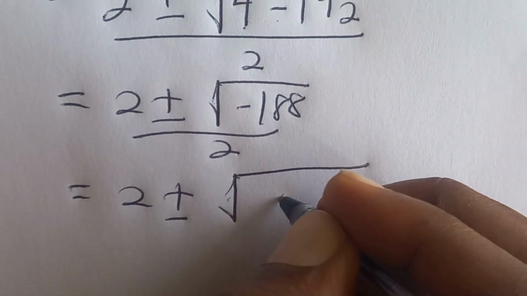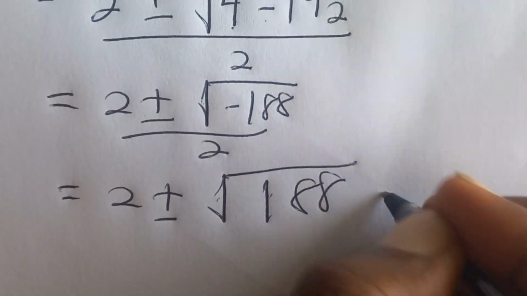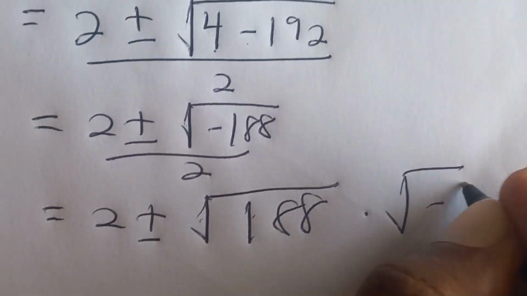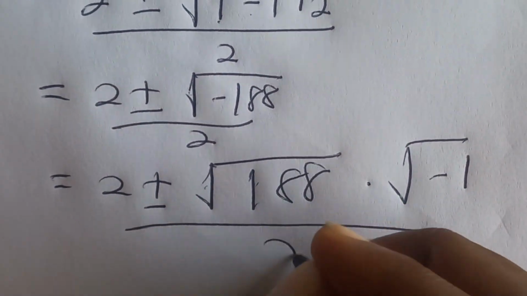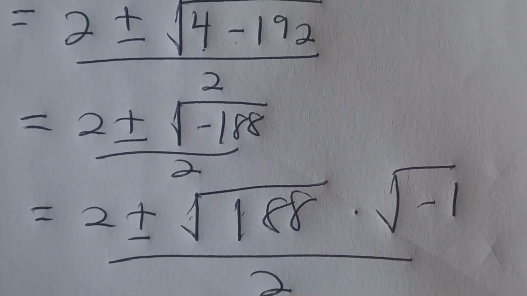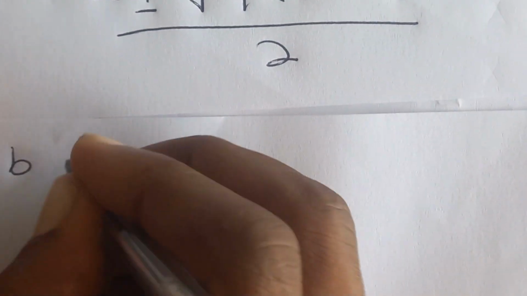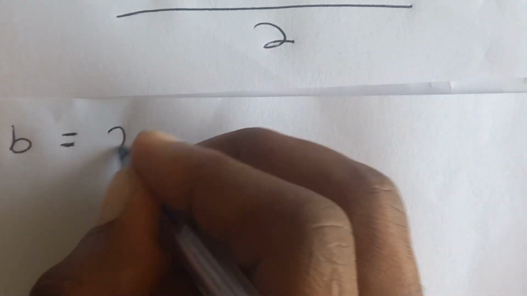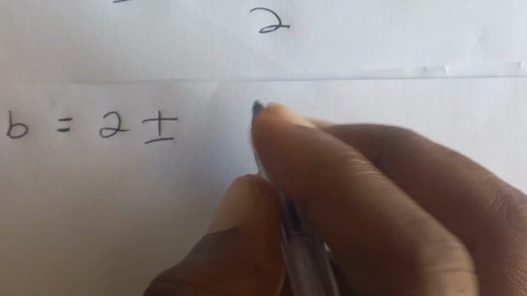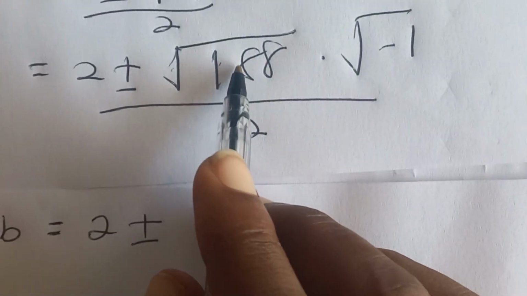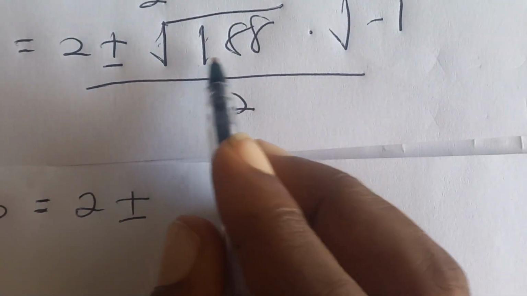Okay, which is equal to 2 plus or minus square root of this. We can say that 188 multiplied by square root of negative 1, all over 2. Now let's go here. So now b is equal to 2 plus or minus square root of this, 188.